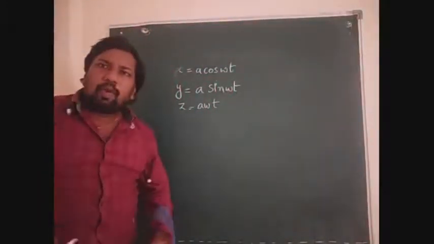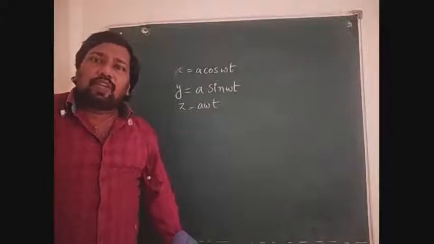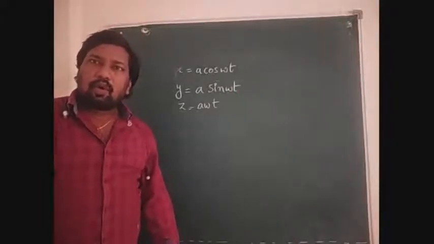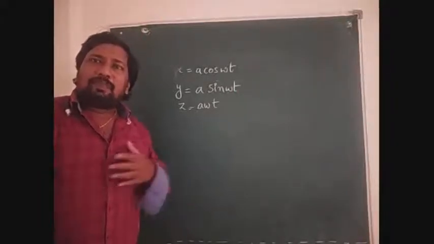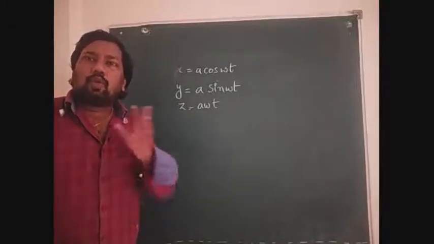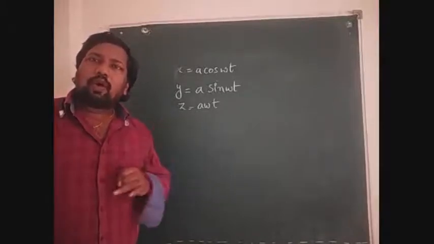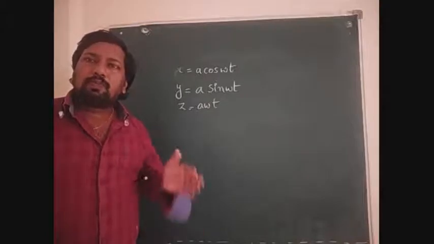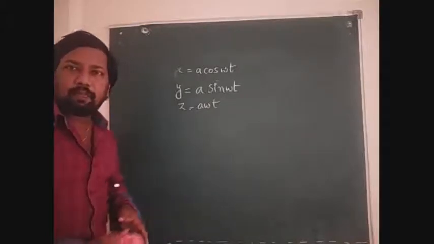In this problem, the particle is moving in three-dimensional space. The displacement of the particle has three coordinates, x, y and z, because the particle is moving in three dimensions.